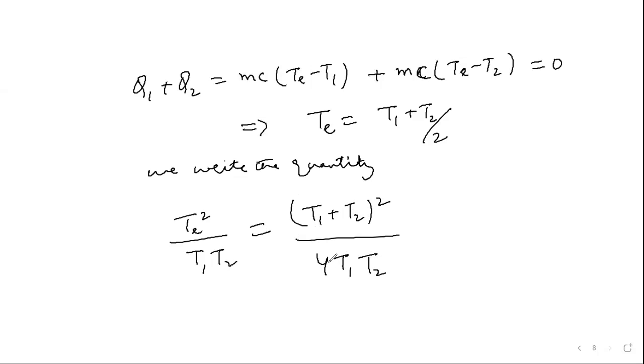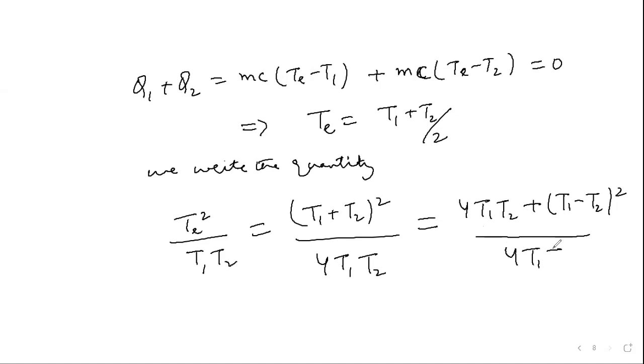Check it. Te square by T1 T2 can be written as (T1 plus T2) whole square divided by 4 T1 T2, which in turn is equal to (4 T1 T2 plus (T1 minus T2) whole square) divided by 4 T1 T2.